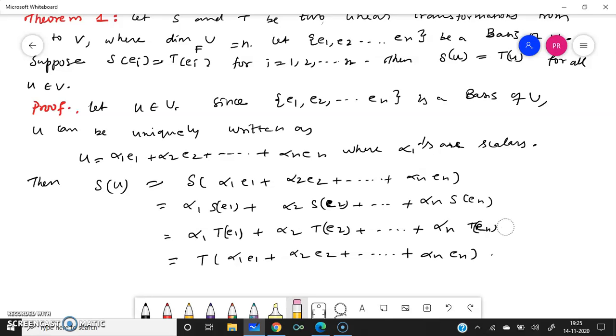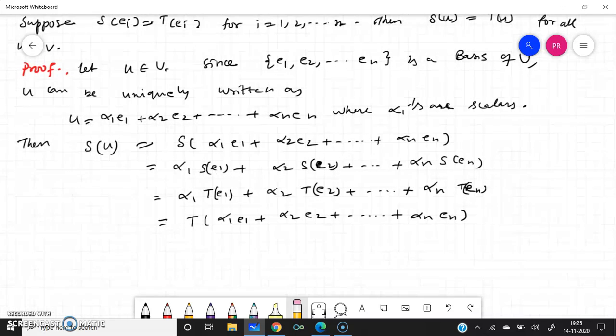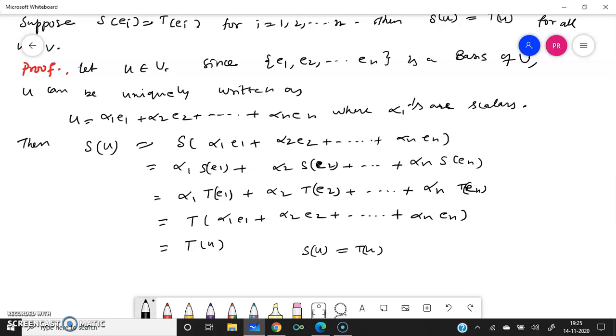Using these properties we are able to prove the theorem. Alpha 1 E1 plus alpha 2 E2 and so on are nothing but our u. So ultimately it is equal to T of u. So what we have proved is that S of u equal to T of u. We have taken u at random, therefore it is true for every u. So theorem 1 is proved.